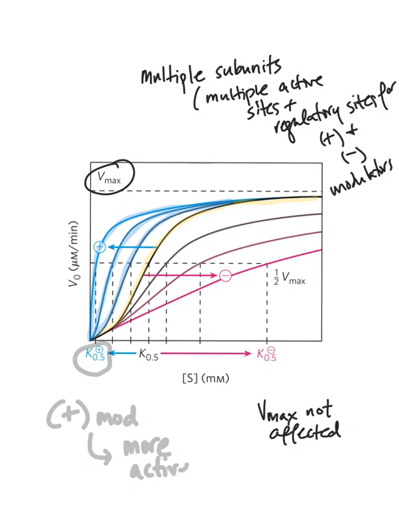It's increasing affinity, and it's making it more active by giving it a higher affinity for the substrate. The more affinity you have for the substrate, the more quickly you can bind them. The more quickly you bind them, the more quickly you can turn them into product.